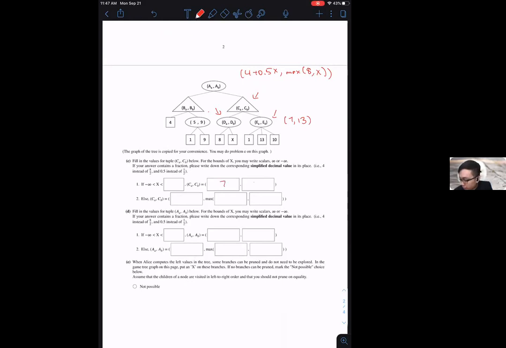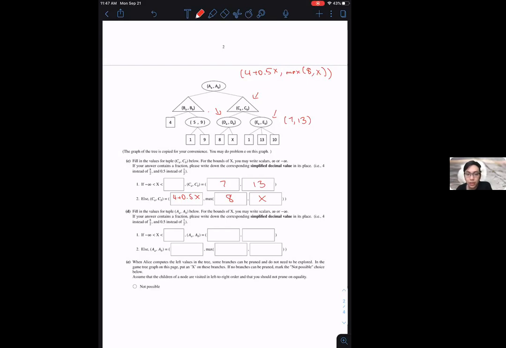So we can plug in 7, 13, and we can plug in 4 plus 0.5x, max of 8, comma, x. But the main question here is, what is the range for which we choose 7, comma, 13 over the other one, 4 plus 0.5x, comma, max 8, comma, x.